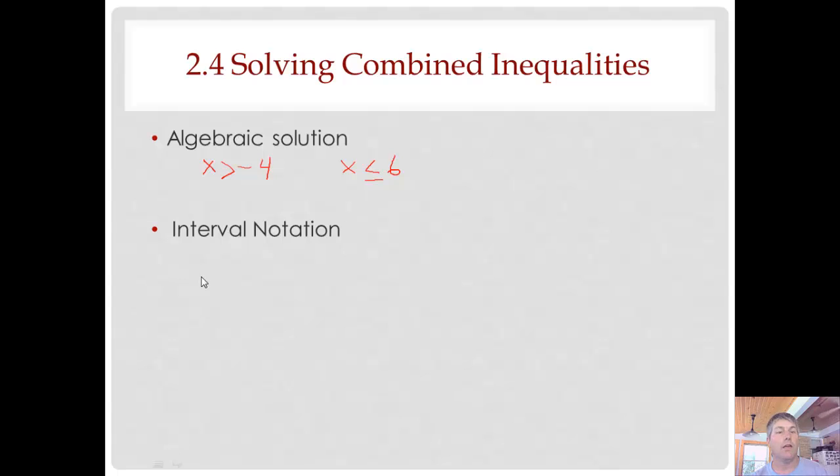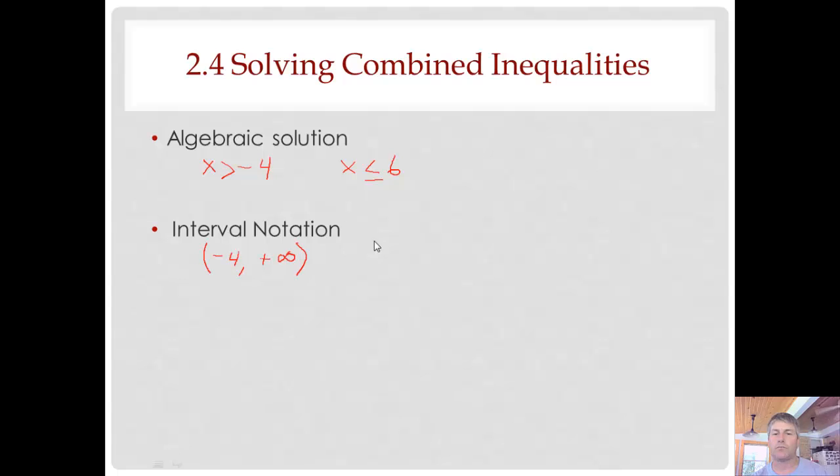Okay. If we were doing our interval notation, x is greater than negative 4, so we do parentheses, negative 4 on the low end, and the high end would be positive infinity.